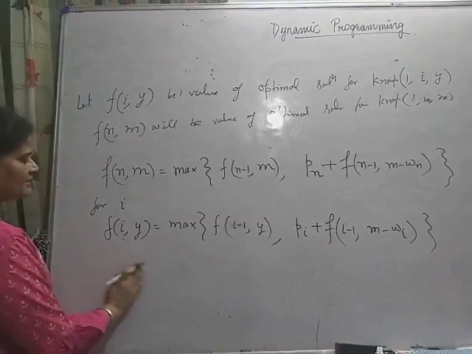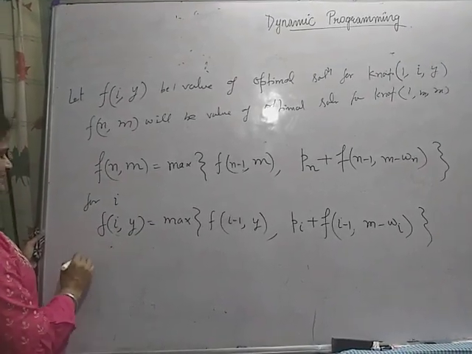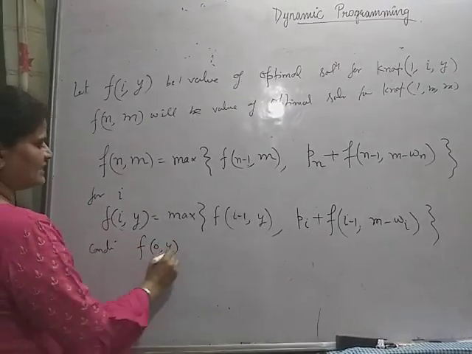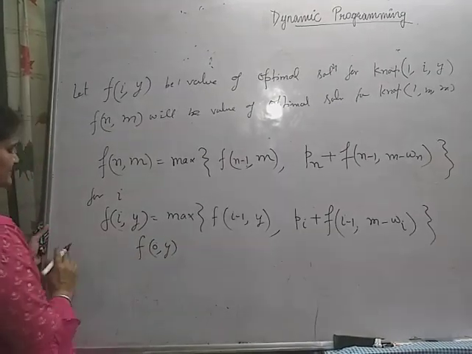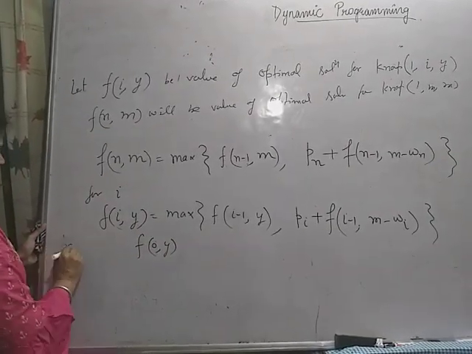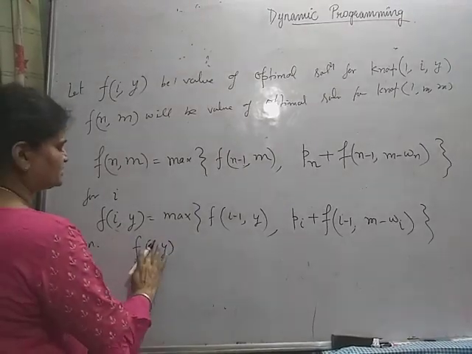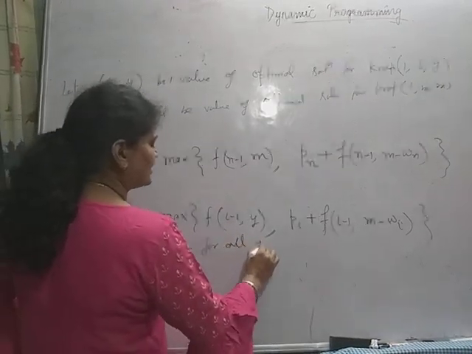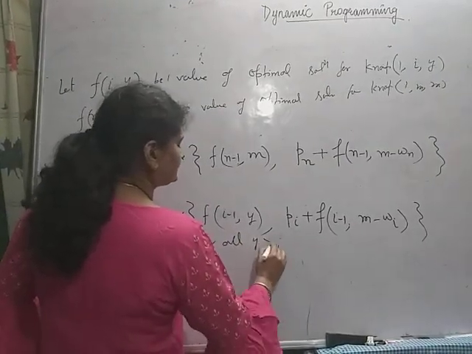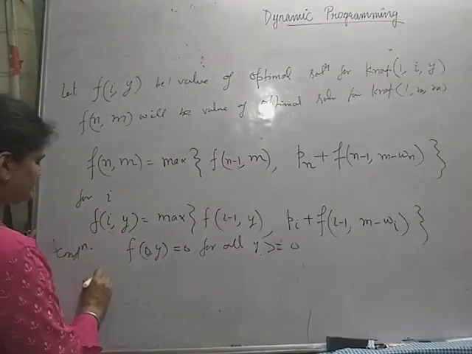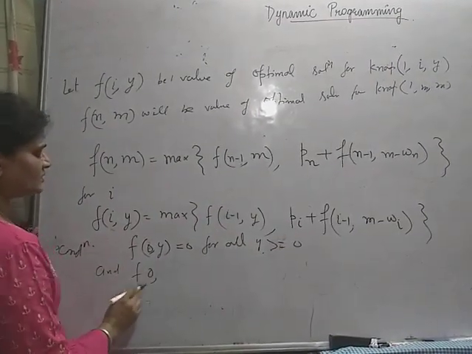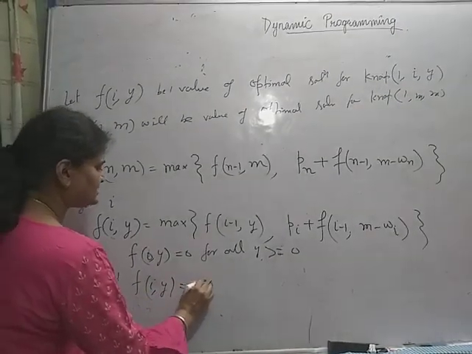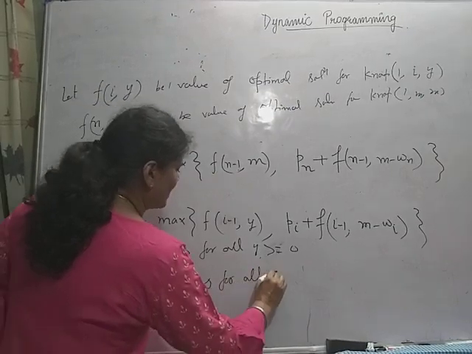Now we solve this recurrence relation with the base condition F0 y equal to 0 for all y greater than or equal to 0, and F i y equal to minus infinity for all y less than 0.